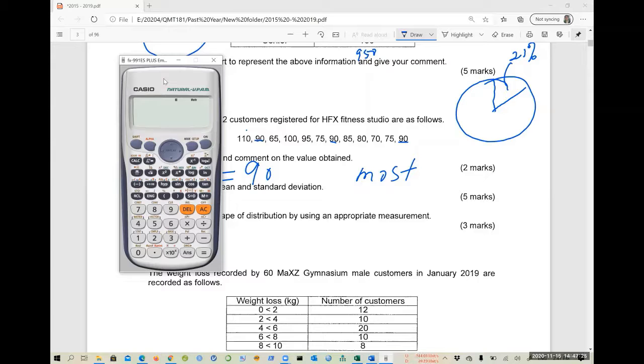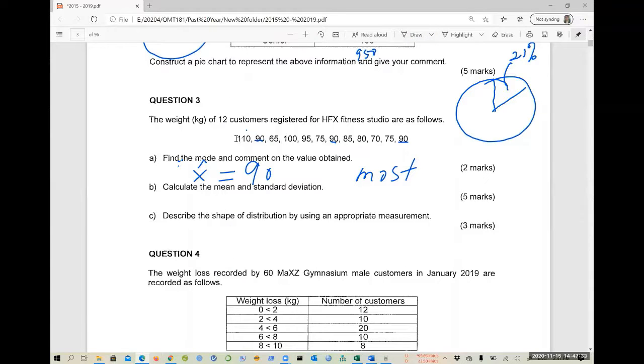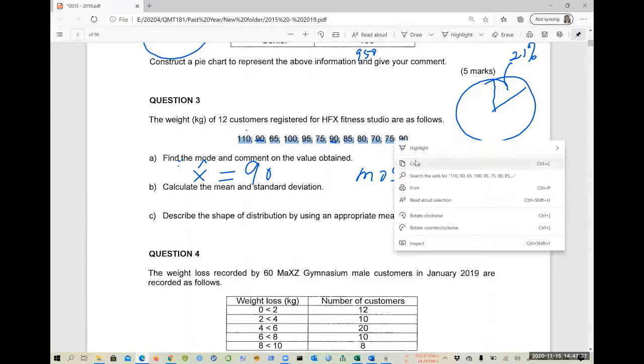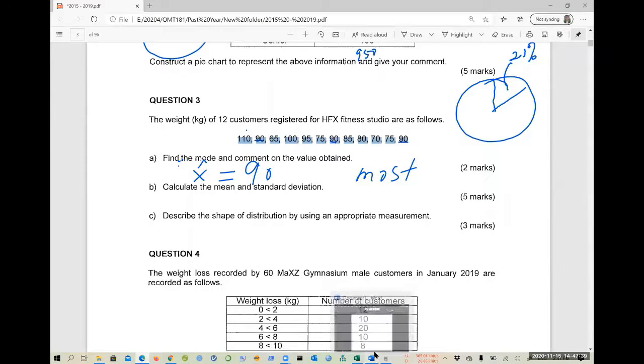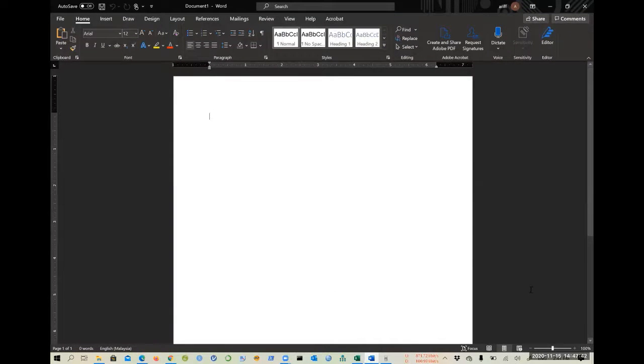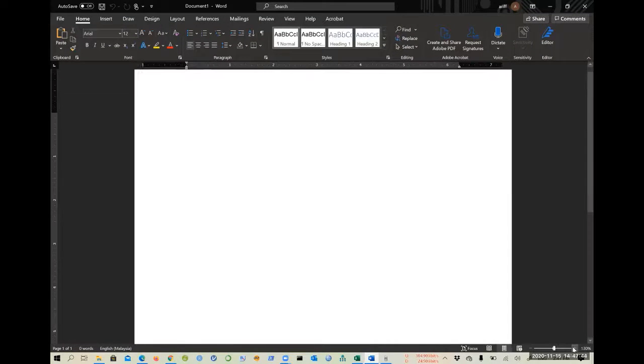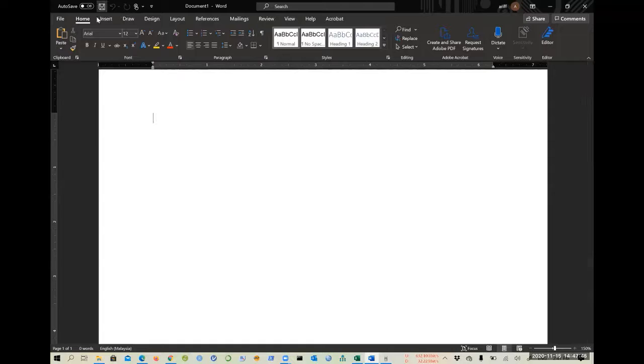Okay, let me just open this. I will copy this into Word, and then we're going to work in Word, so that I can just write on top of that. Paste. Okay, this is your data set, right?